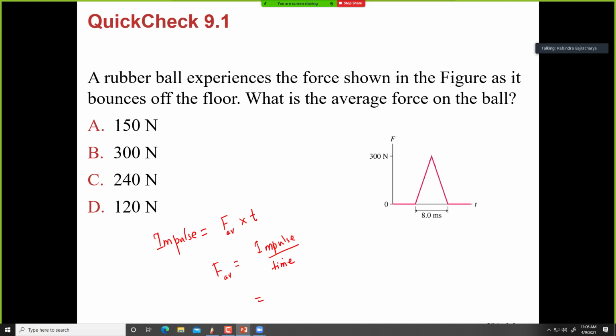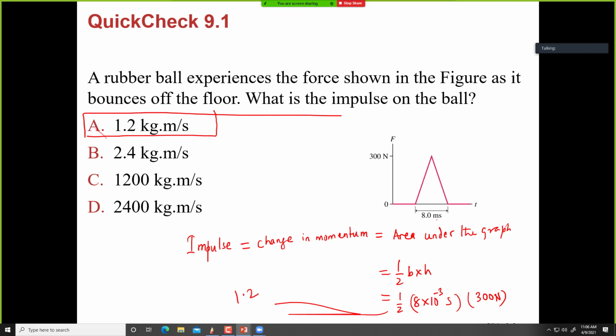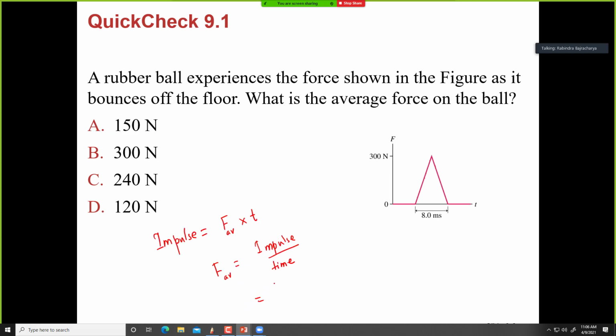We already found impulse in the previous question. Impulse was 1.2 kilogram meters per second, and then the time.